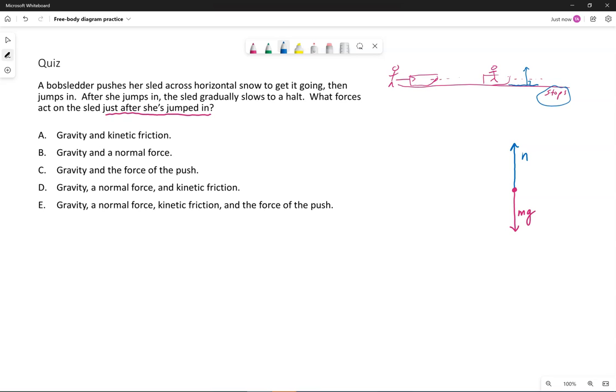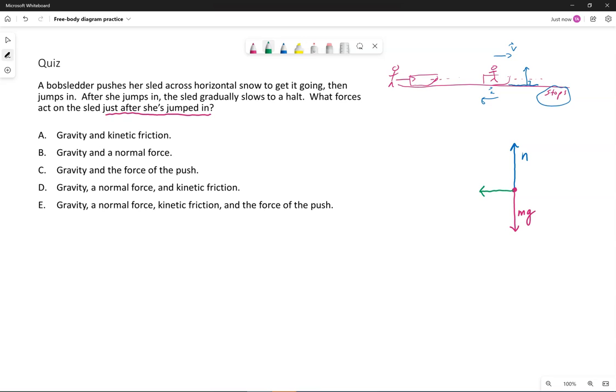So if the sled is slowing down to stop, in my picture, I've shown the velocity to the right. To slow down, that means the acceleration has to be to the left, but acceleration is a result of a net force. So there has to be some sort of force to the left that is creating this acceleration to the left to slow it down and stop it.